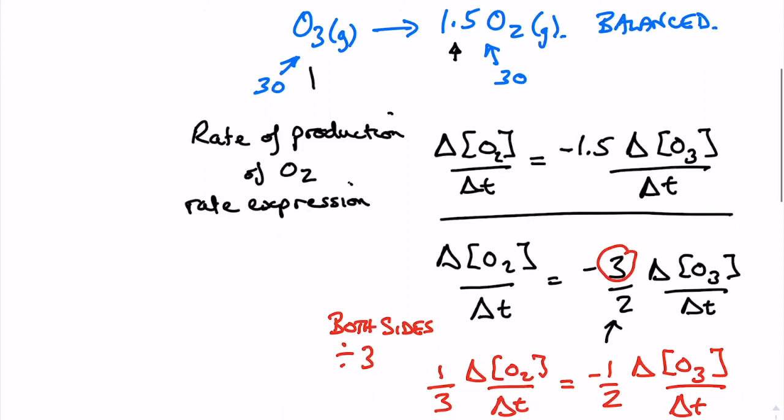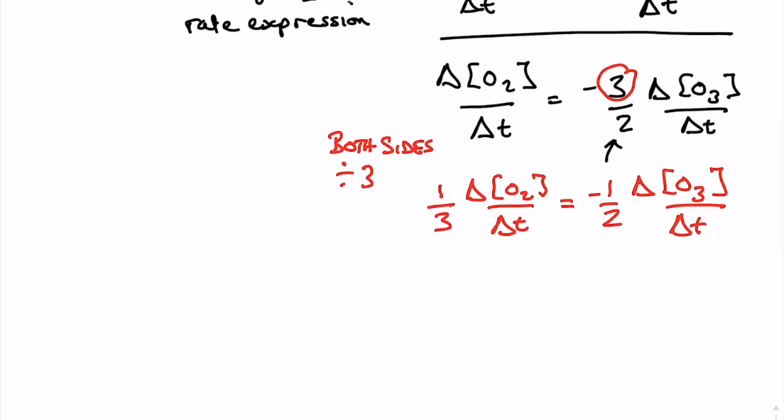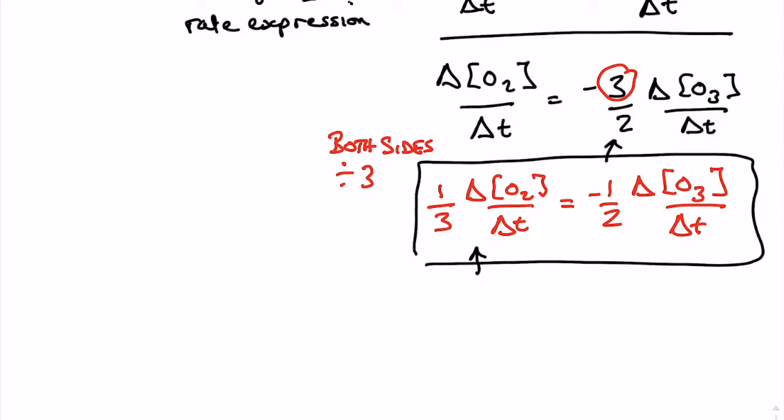So what this expression now says is that a third of the rate of oxygen production is equivalent to minus half the rate of ozone utilization. And so this would be a fabulous rate expression.